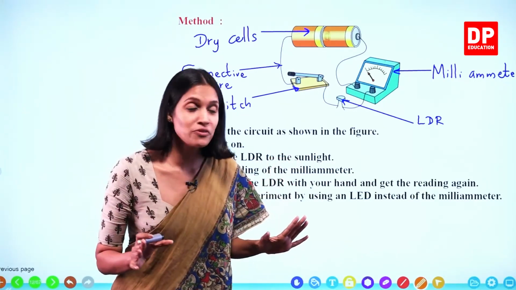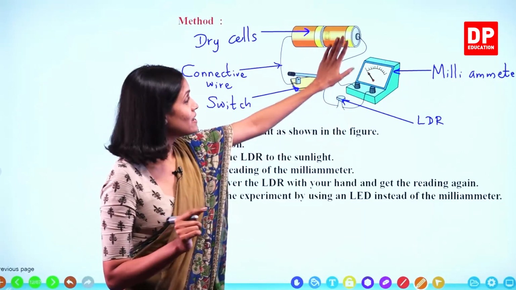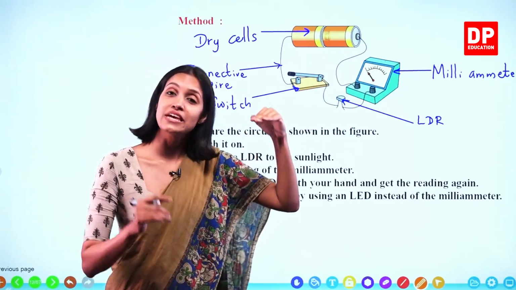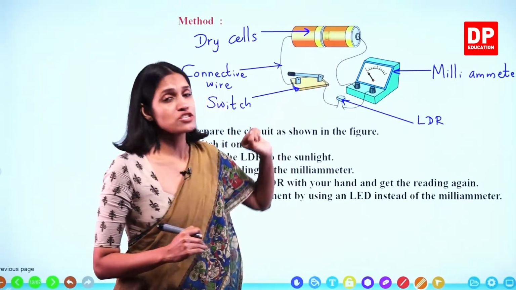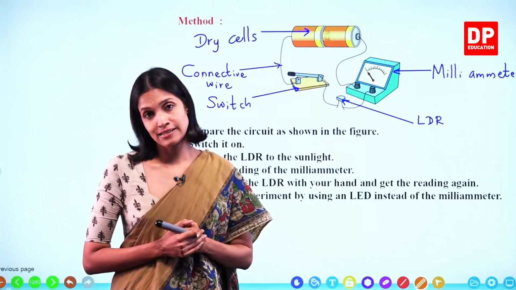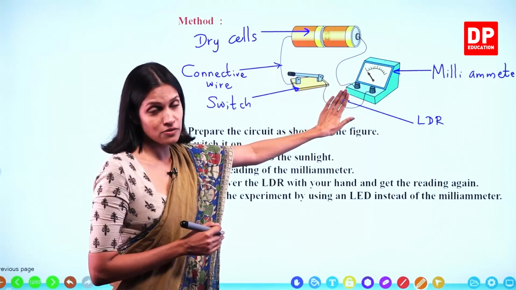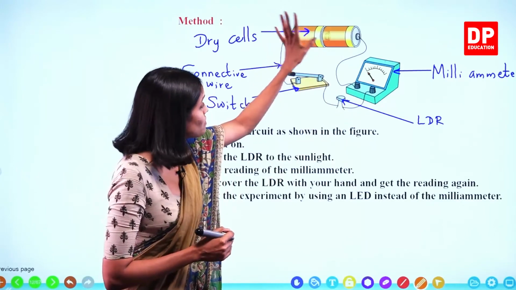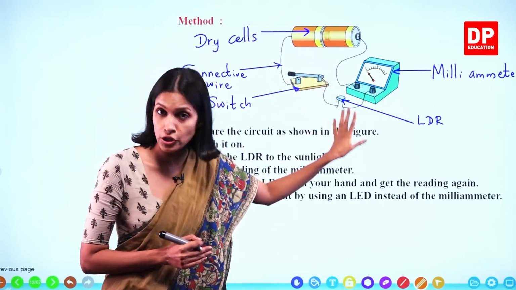In the same way, when we cover the LDR, what happens, children? The milliammeter reading reduces, and the brightness of the LED also reduces. So these two observations are possible when less electric current flows through the circuit, right? Which means when we cover the LDR, when it does not get enough light, the electric current flowing through the circuit reduces.